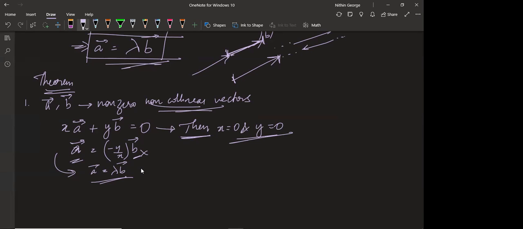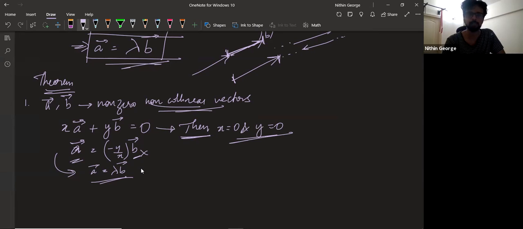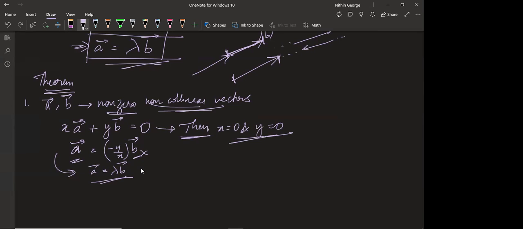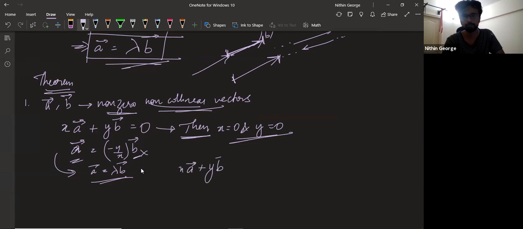Yes, sir. Will that not make the vector 0? No, that is another possibility. But it's given that they're non-zero, non-collinear vectors. If x into vector a plus y into vector b equals 0, three things are possible: either a equal to b equal to 0, or x and y are equal to 0, or a and b are parallel.